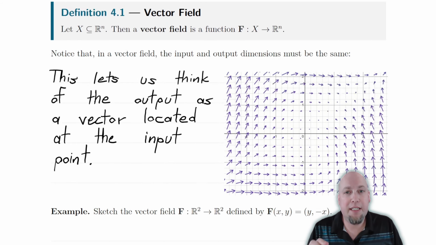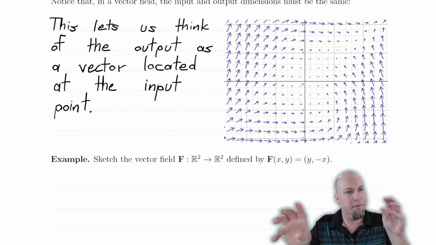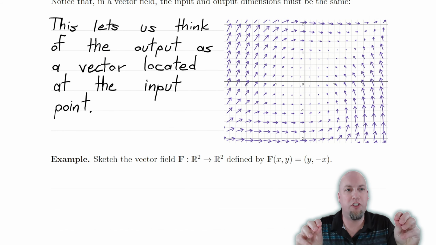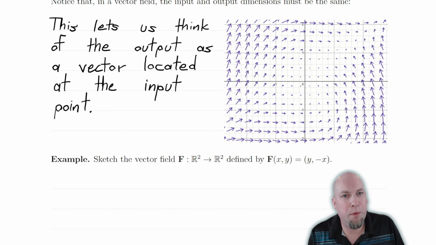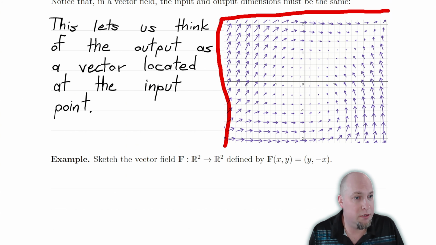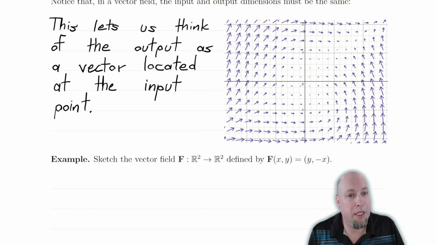The key thing that the matching input and output dimensions get us is the ability to think of this as a collection of vectors on the plane, or more generally, a collection of vectors in space. For example, if n is 2, then at each point in the input space, two-dimensional space, you're saying, I'm going to plop a two-dimensional output vector on that point.